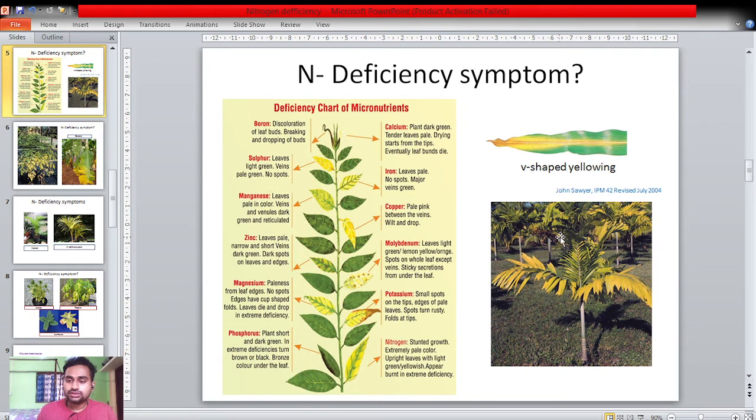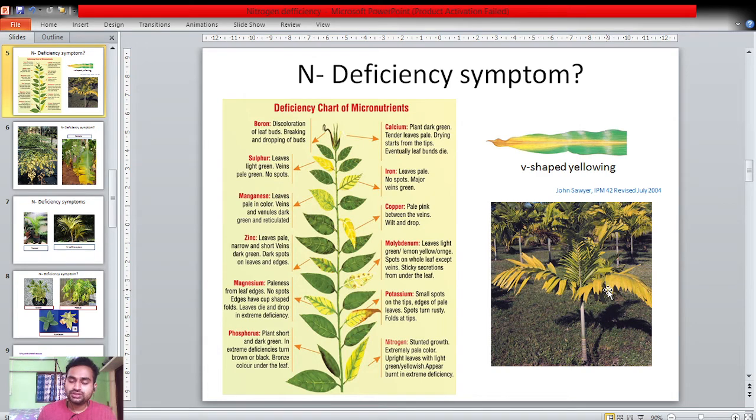In the last image you can see an areca nut plant, and because of nitrogen deficiency the leaves are getting very yellow. This is actually severe nitrogen deficiency because, except for the topmost leaf, all other leaves are yellow.